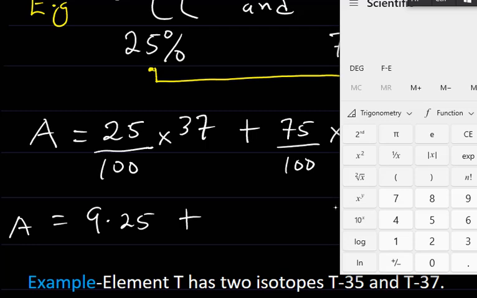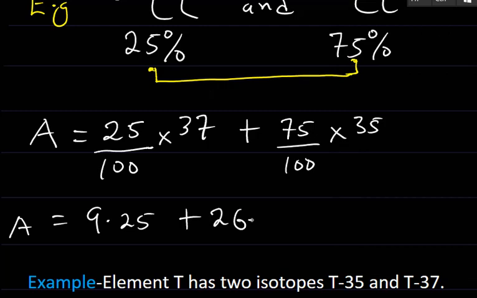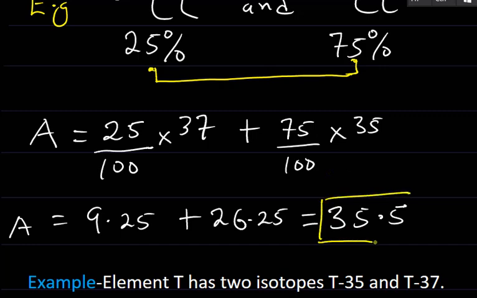If you divide it by 100, that's going to be 26.25. If you add these two together, you end up having 35.5. So that is why the average atomic mass of chlorine is 35.5. So that is why chlorine has a decimal value.